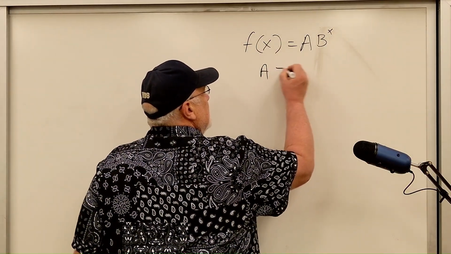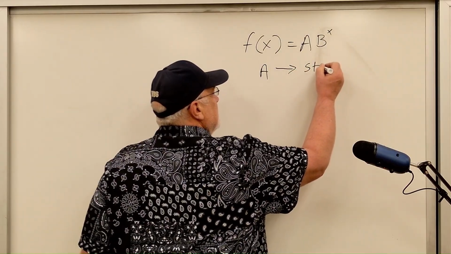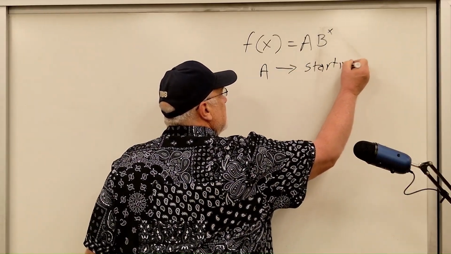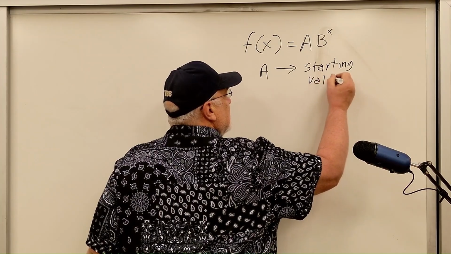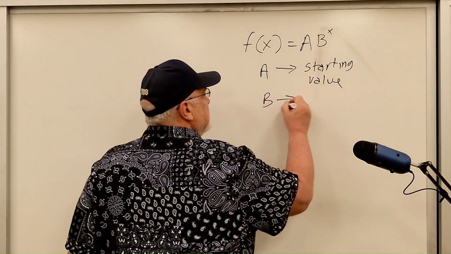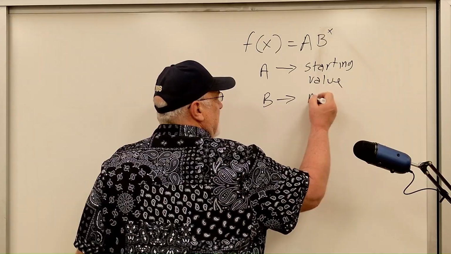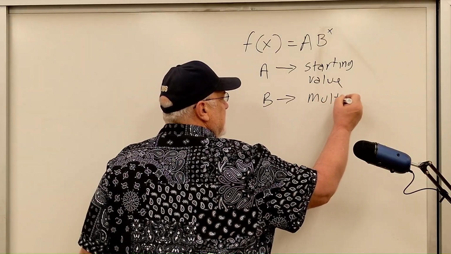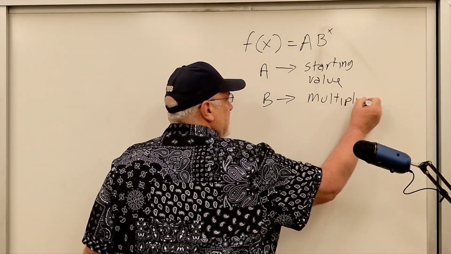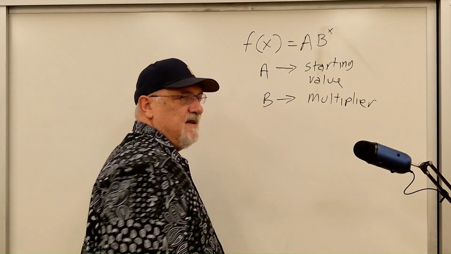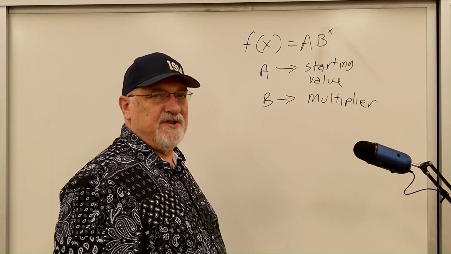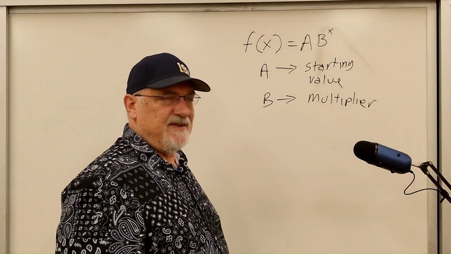A is the starting value. And b is the multiplier, or the rate, or there's probably other names for it. But it's the rate of change, really, the rate of growth or rate of decay.